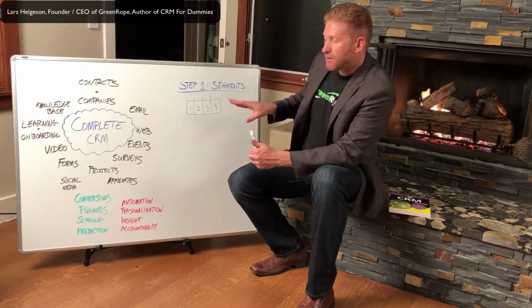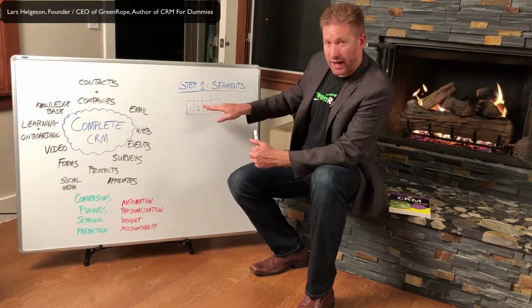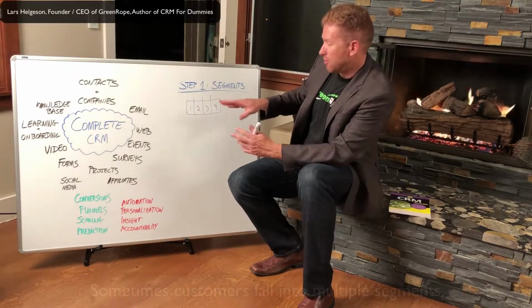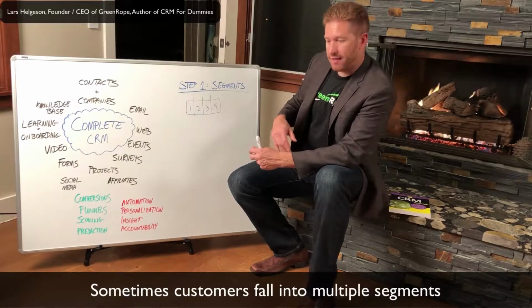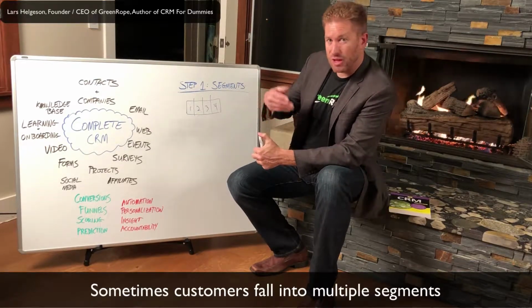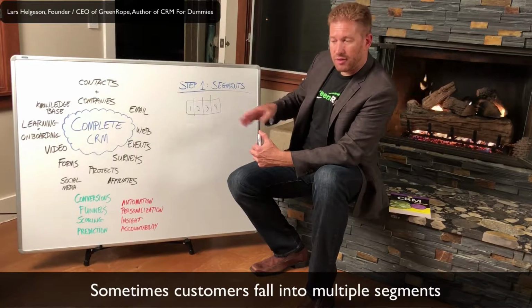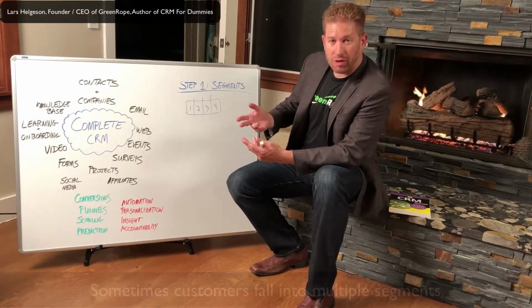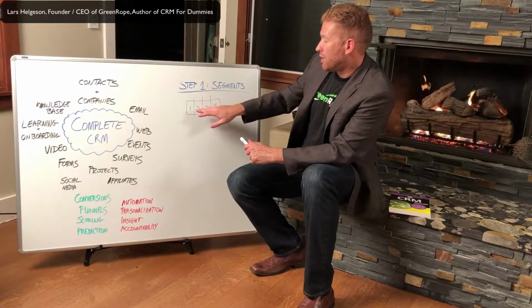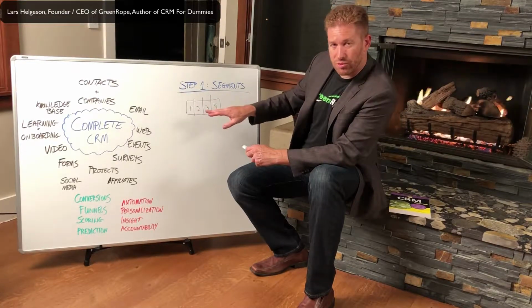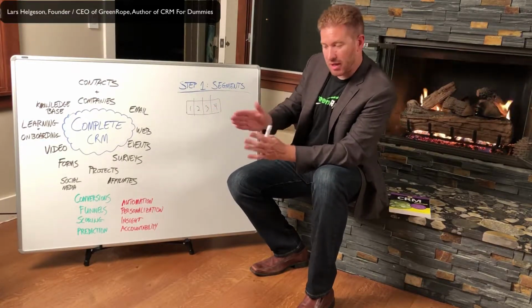Now, this doesn't mean that everyone's going to fall into one category, or if you decide that maybe you want to target, say, high-income males over the age of 50, you may have people in your target market that exhibit 1 or 2 of those qualities. So these aren't hard and fast rules of how you definitely want to segment everything.